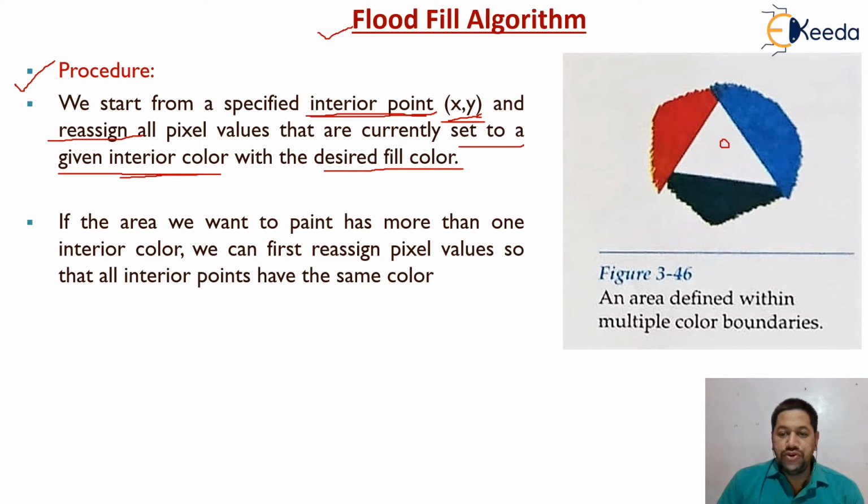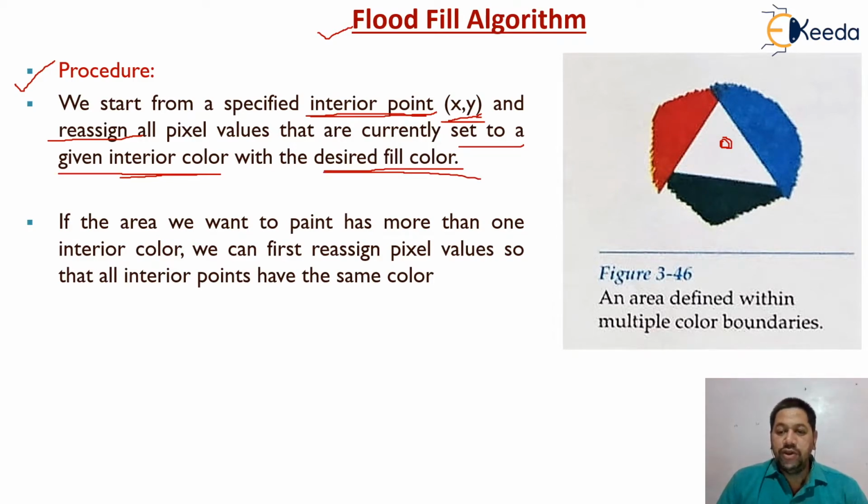That means I will keep checking all the values to see whether they are already set to the interior color. My interior color in this case is, suppose, white. You can consider this as my interior pixel, or my first pixel. Suppose it has the color white, the interior color, then I'm going to fill this with the desired fill color.